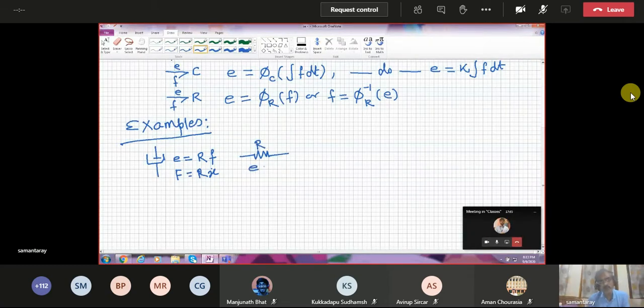You have other linear things, like the torsional damper. In this also, E is RF, where we write torque is some torsional resistance times speed.